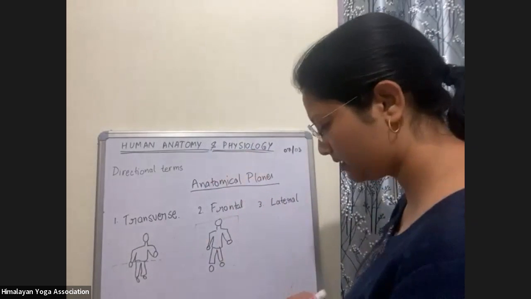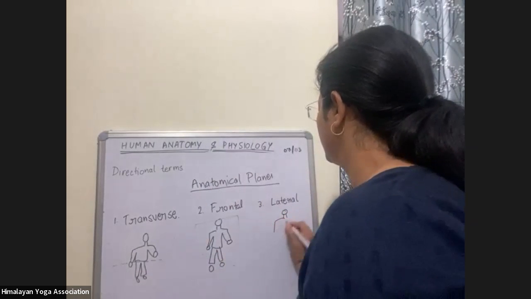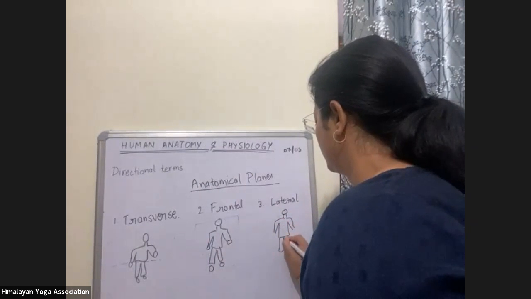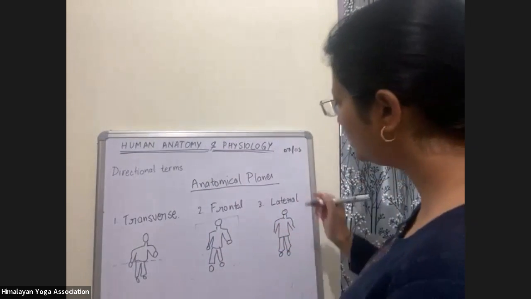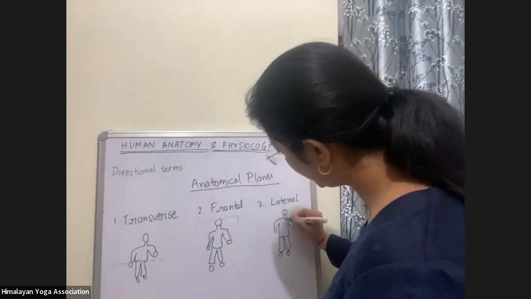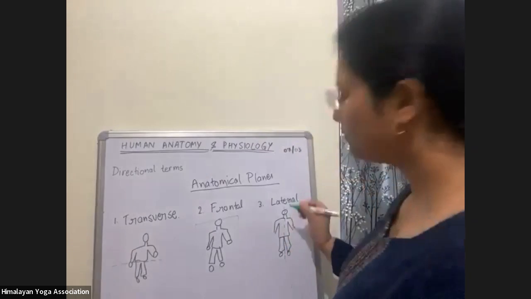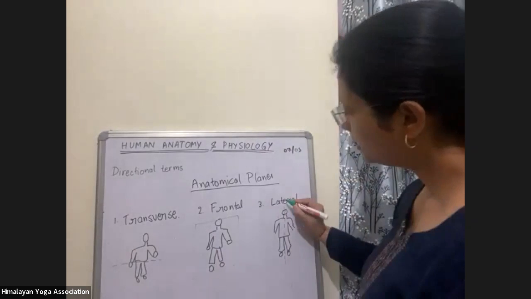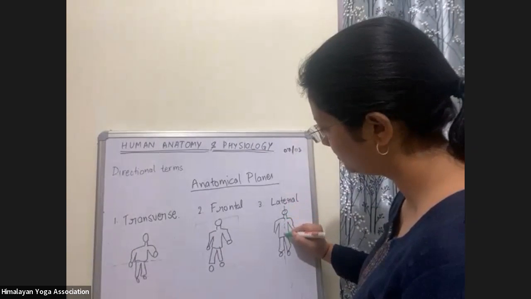And the last one is lateral. In lateral, if you cut the body in two halves like this, symmetrical halves, where you get two equal parts, that symmetrical plane is called lateral.